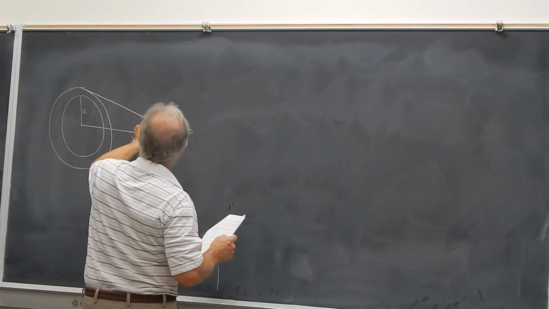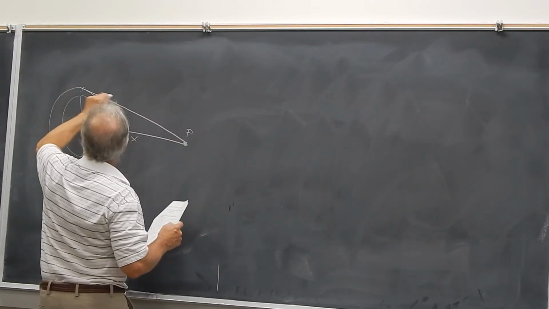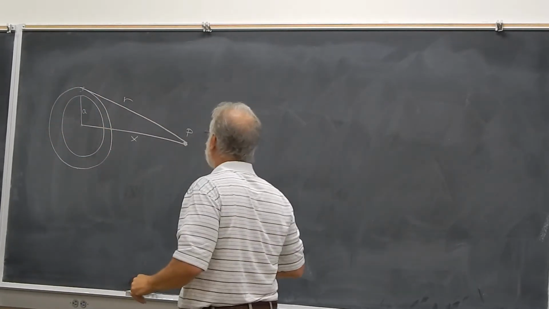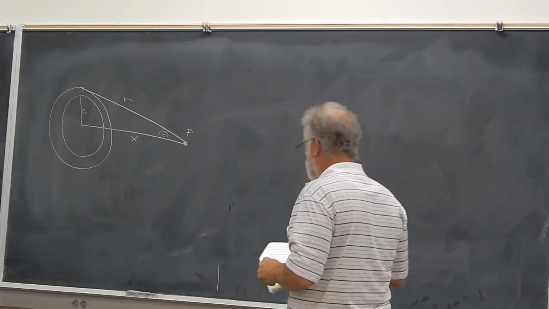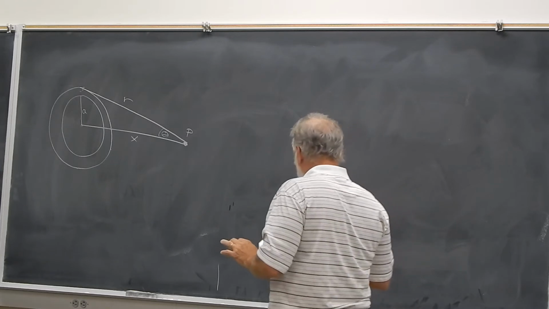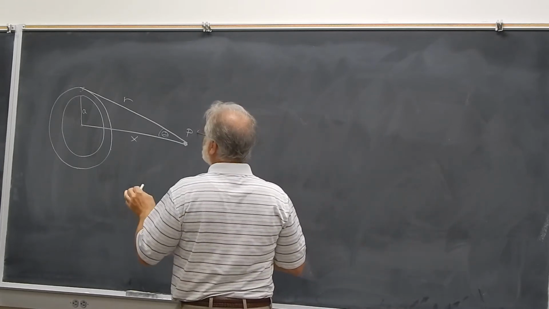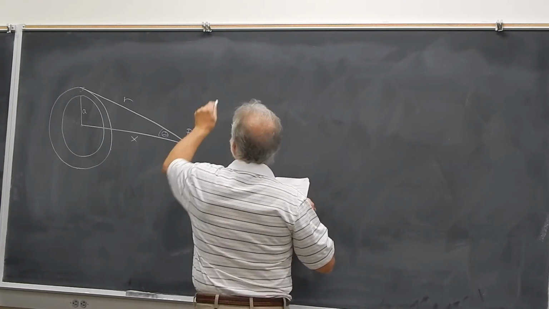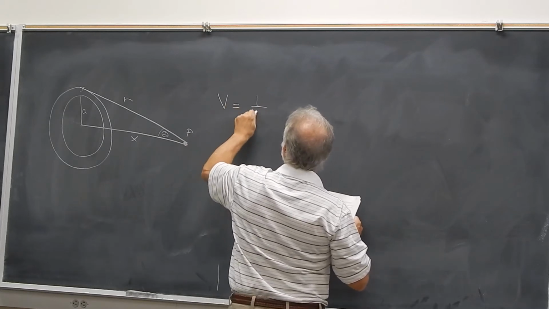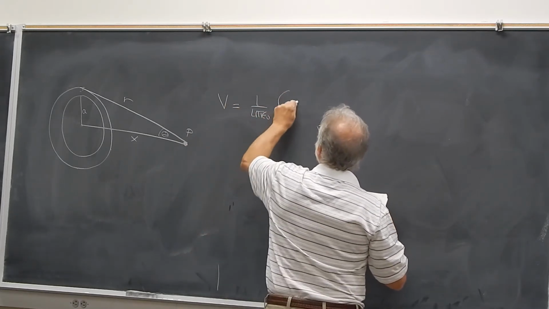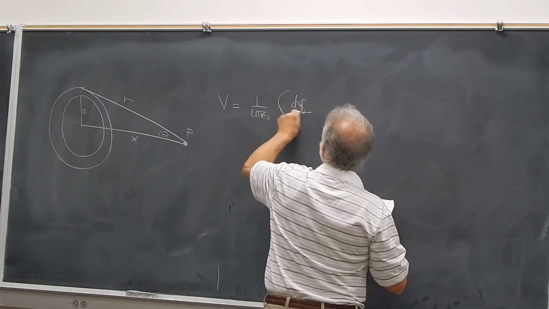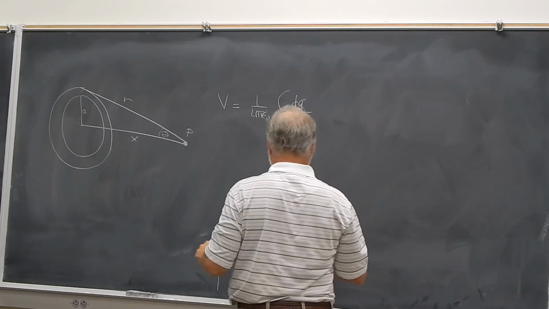Here's some point on the ring. I'd be some distance r, and I can write this as theta if I like. If I want to find the potential for a point along the axis, V is 1 over 4 pi epsilon naught integral dq over r.